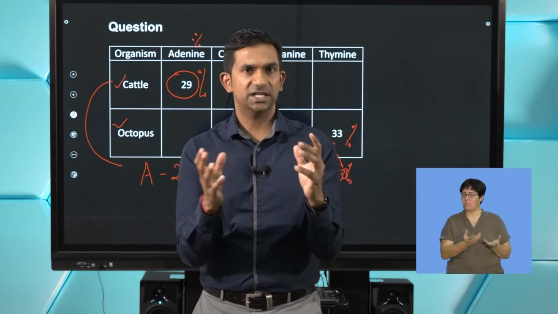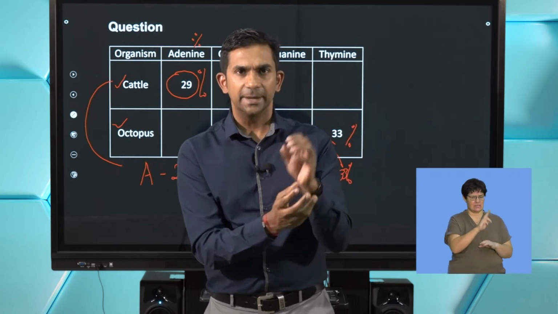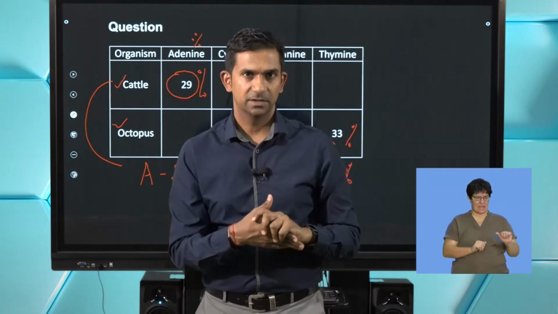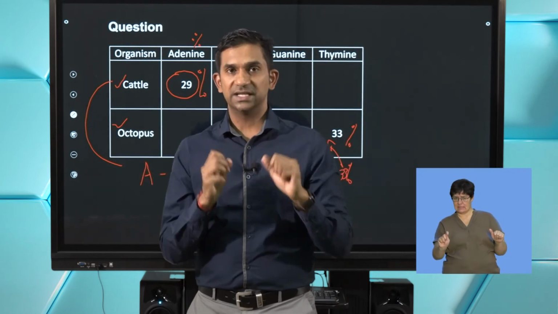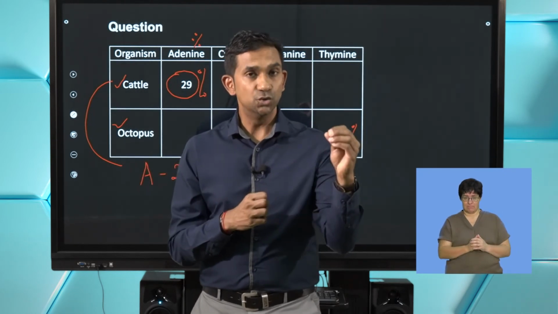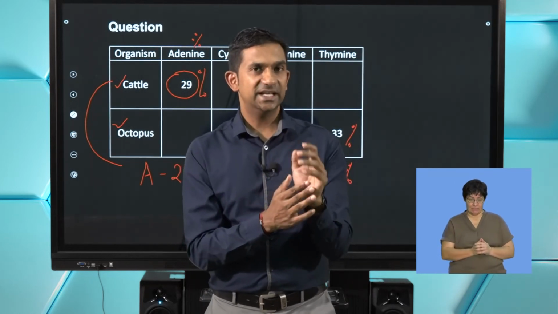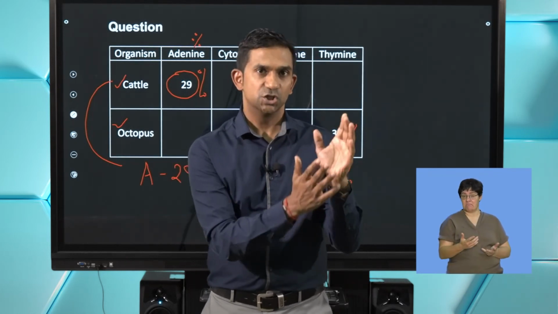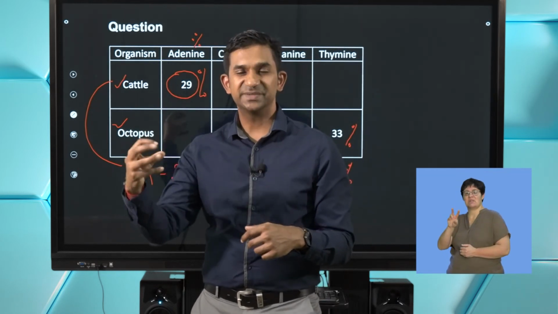So if we've got DNA that's made up of complementary base pairs, and they've given to us a percentage of adenine, knowing that adenine and thymine are always proportionately equal, we can use that information to help us answer this question. So if DNA contains, for example, 20% adenine, it would mean that there would need to be 20% thymine.